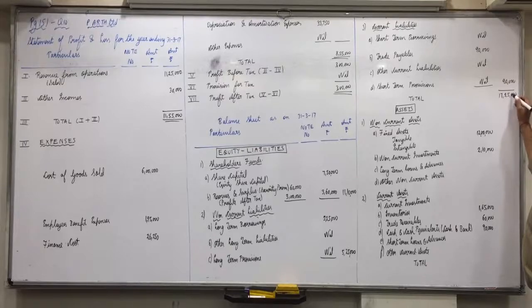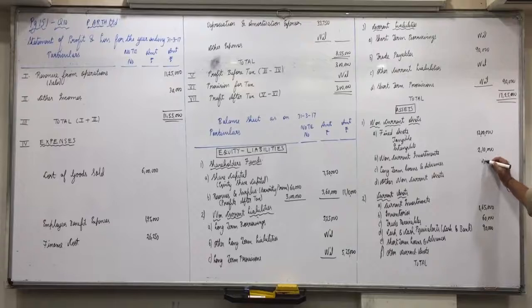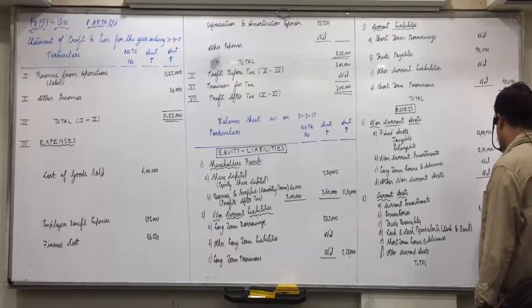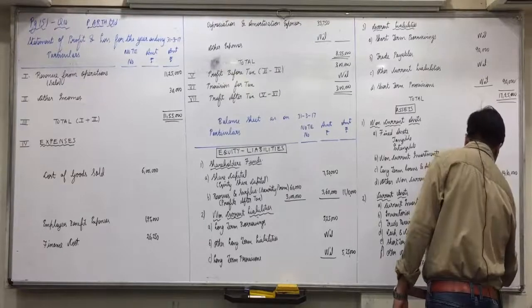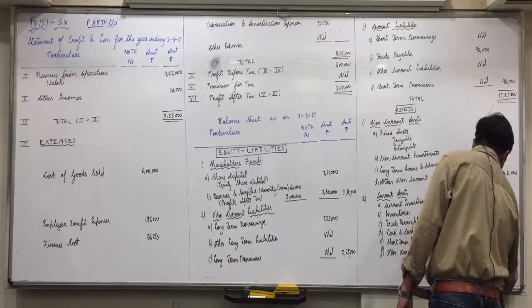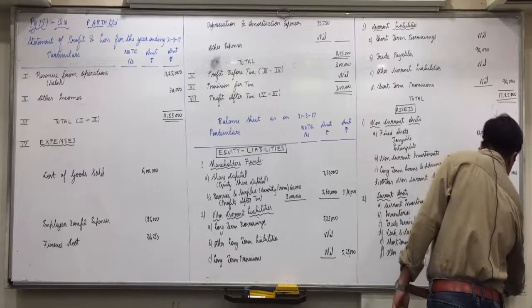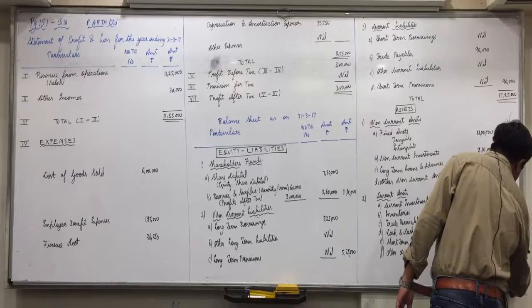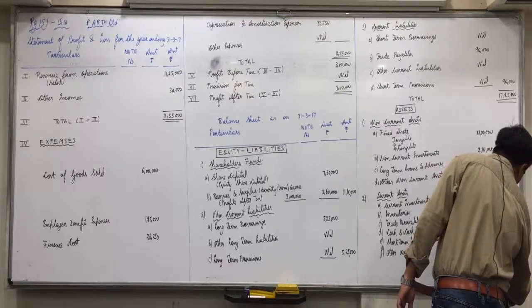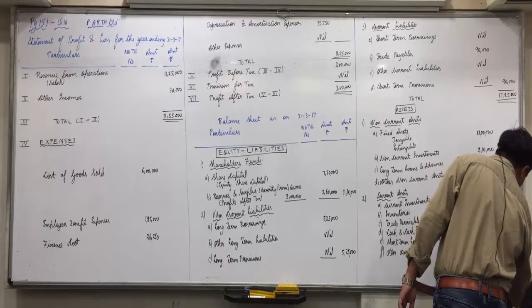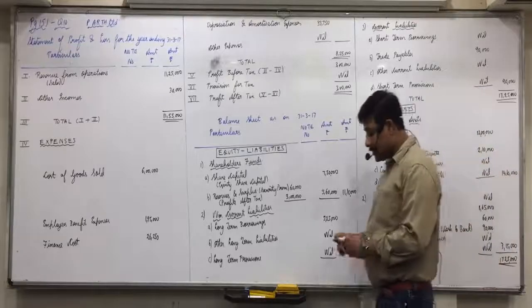Total of equity and liabilities 17,25,000. Long-term loans and advances nil, other non-current assets nil, 14,10,000. Current investments nil, short-term loans and advances nil, other current assets nil, 3,15,000. 17,25,000. And again the total is 17,25,000. So it tallies.